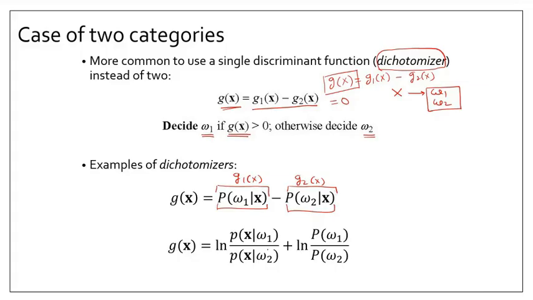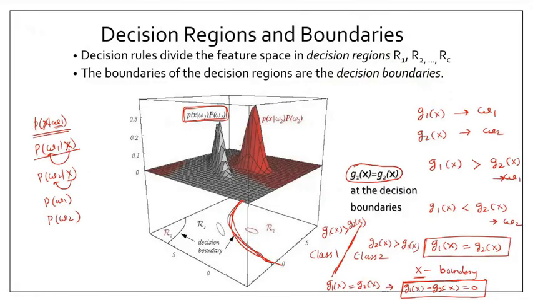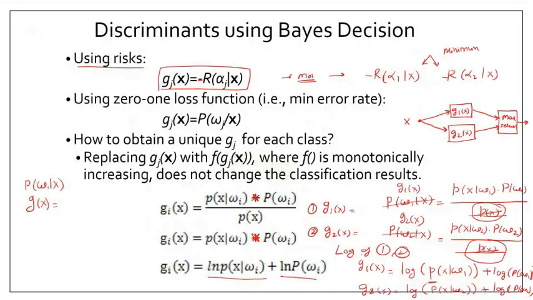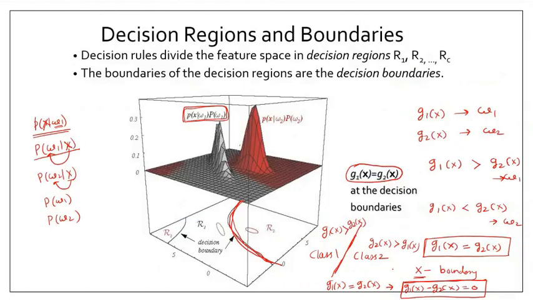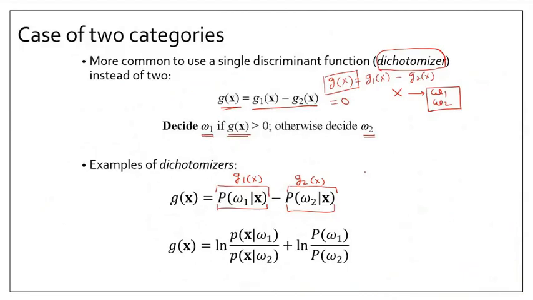Now if you go back, we have this last equation for G1(x). So I rewrite here: G1(x) was log of probability of x given omega 1 plus log of probability of omega 1.